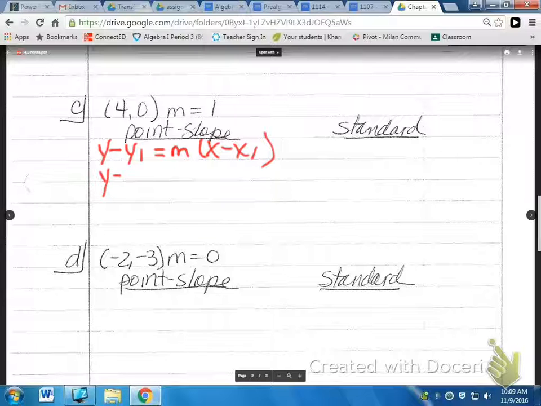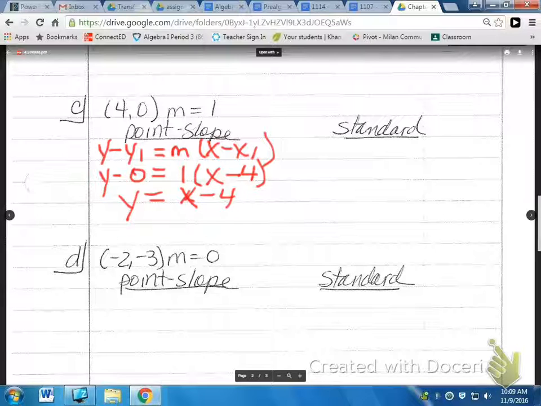Y minus what? 0 equals 1 x minus 4. The thing that I should clean up here would be a couple of things. I'm not going to write minus 0. That's silly. Y equals, what's the other thing that I don't write here? 1, so x minus 4.